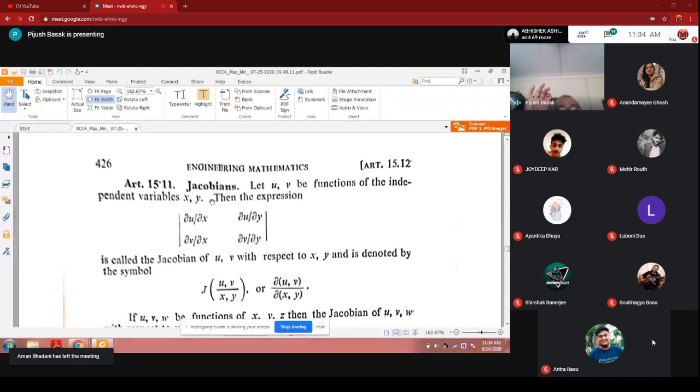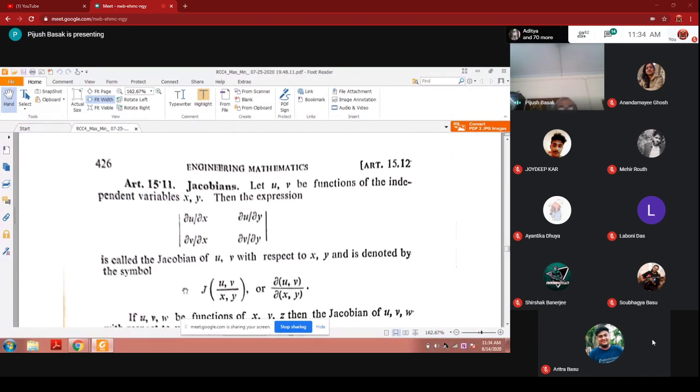That is, u is a function of x, y and v is also a function of x, y. Then the partial derivatives del u del x, del u del y, and del v del x, del v del y form the Jacobian of u and v with respect to x, y, and it is denoted by J(u,v / x,y) or del(u,v) by del(x,y).